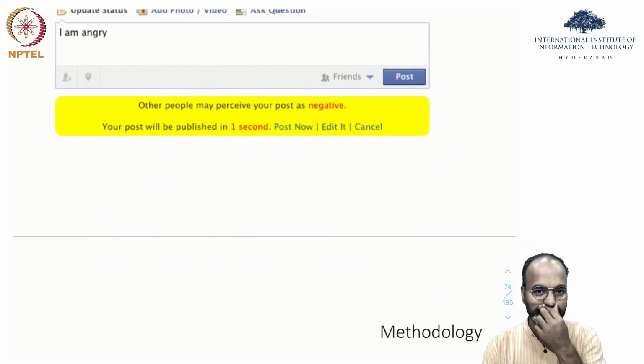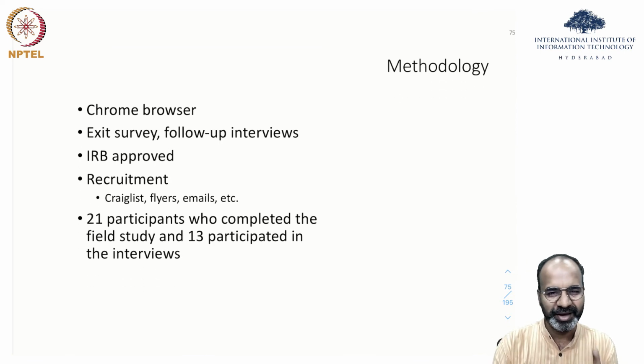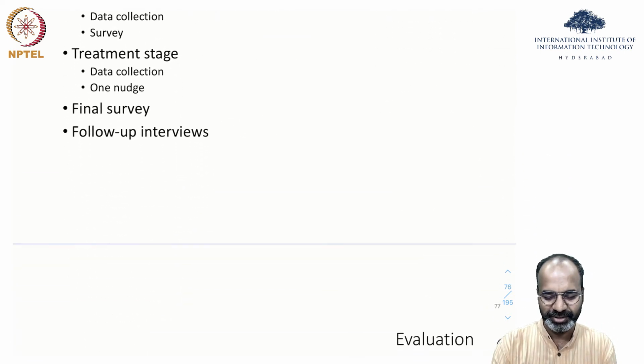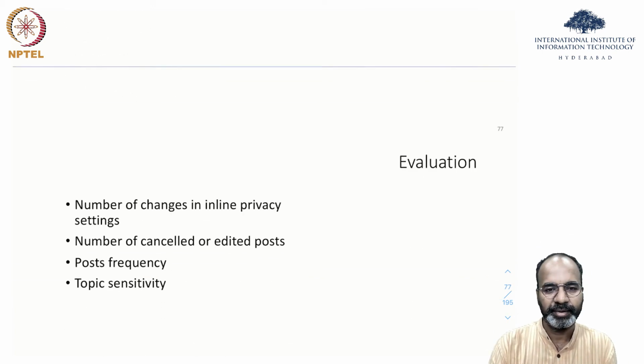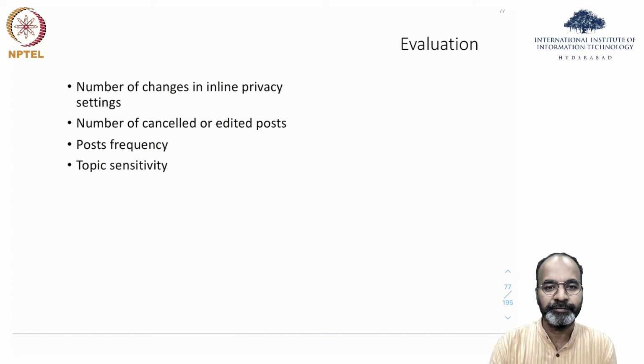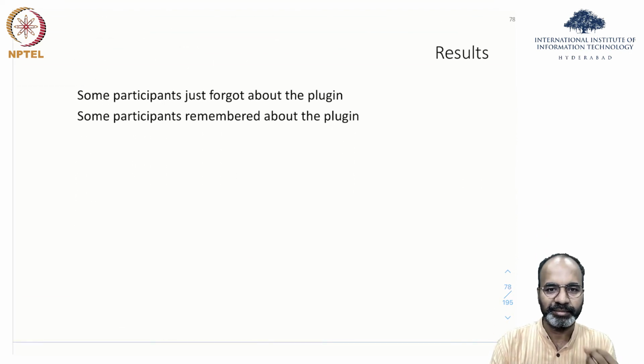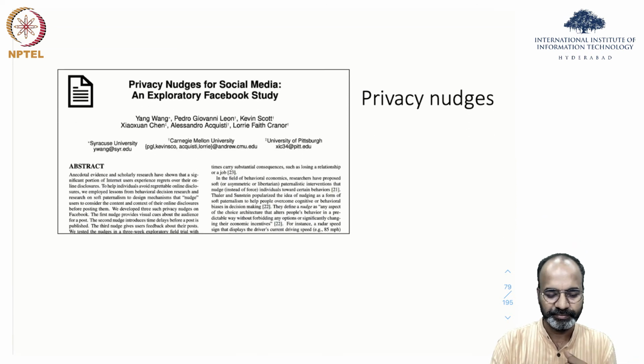These are the Facebook nudges that were developed: picture nudge, timer nudge, sentiment nudge. A user study was done to understand whether these nudges have made any difference to the user, and they showed that these nudges actually help users make better choices.